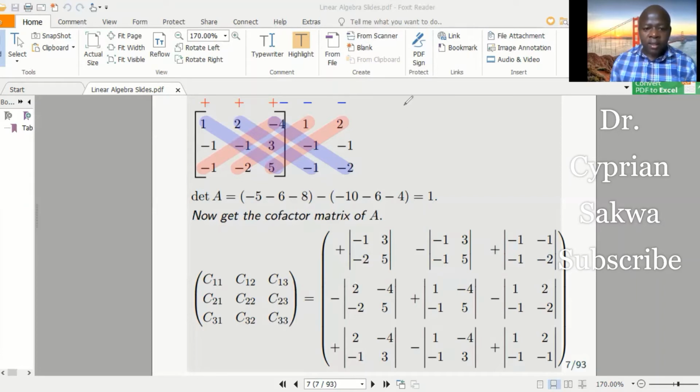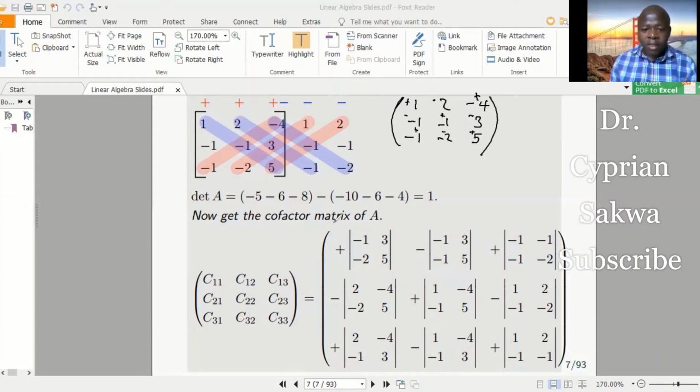We said that for our matrix, 1, 2, -4, -1, -1, 3, -1, -2, 5, the sign for this element will be positive, this will be negative, this will be positive, and so on, alternating.